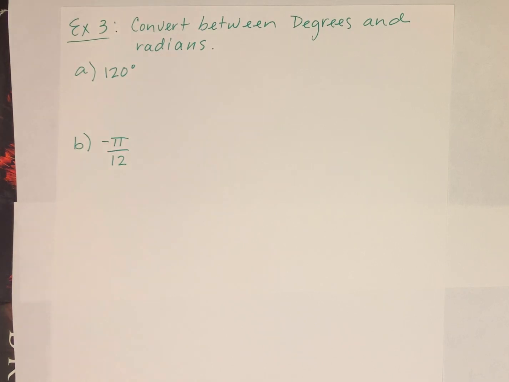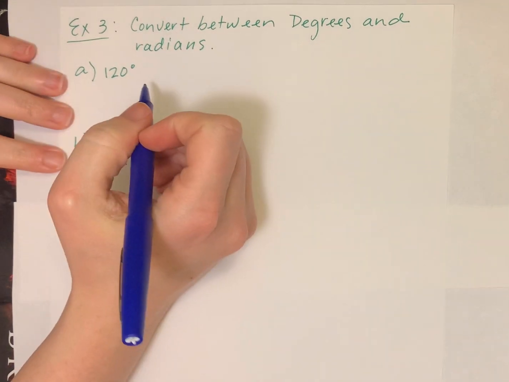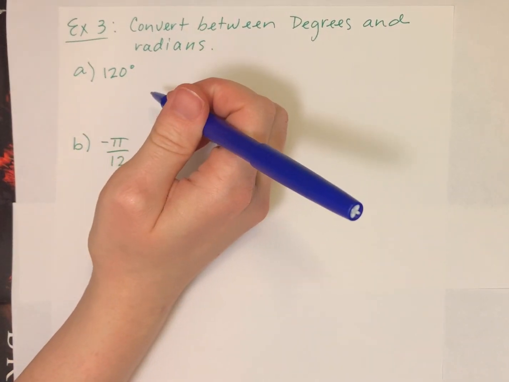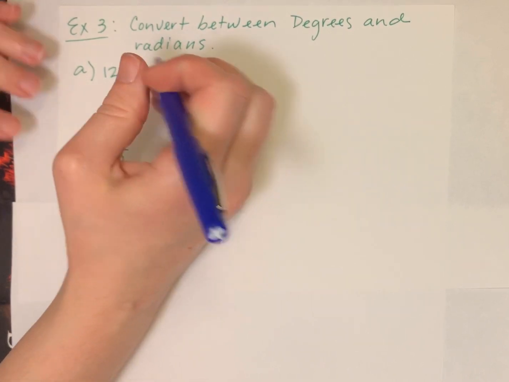Part A, we start with 120 degrees. We're starting with degrees, and we want degrees to cancel out. Remember, we have either pi over 180 or 180 over pi.